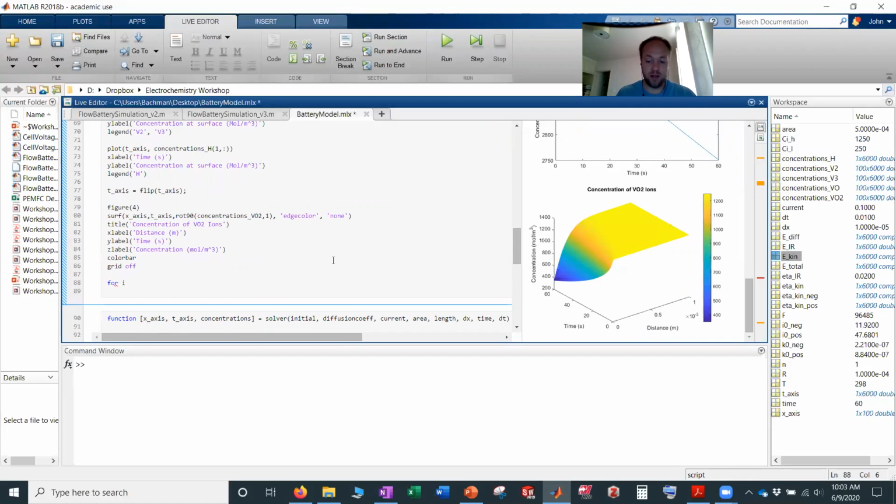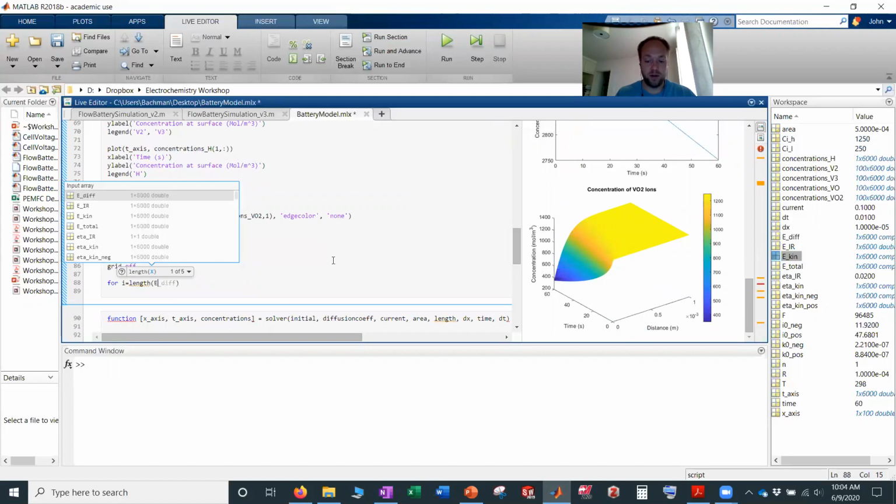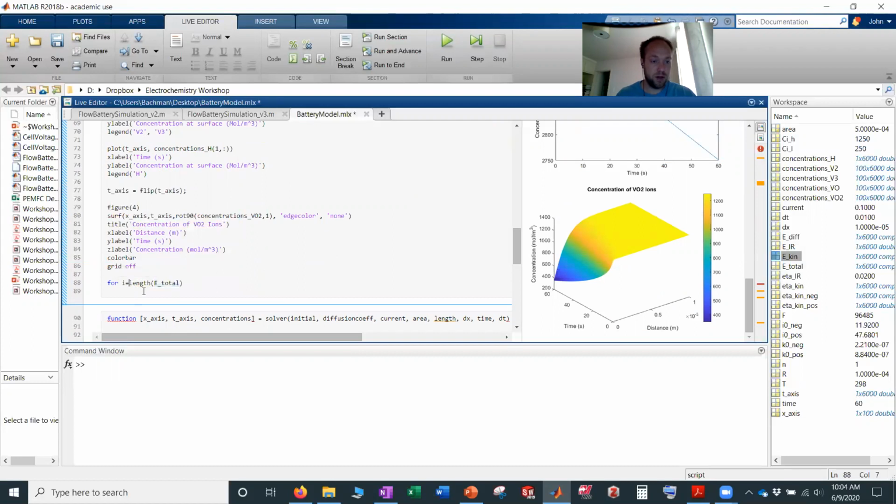for I equals 1 to length of E total, right?